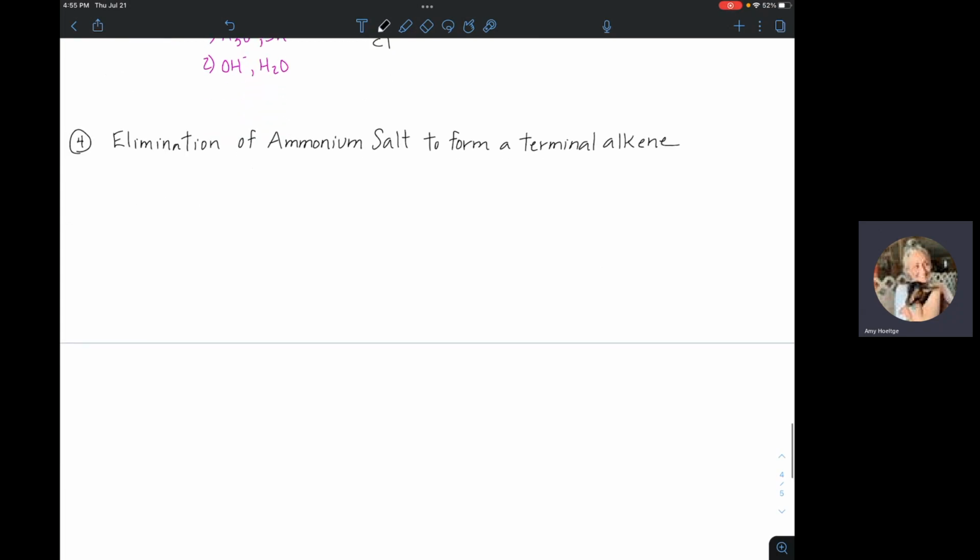This reaction I want to show you allows you to actually synthesize a terminal alkene, if that's what you would like for the next step in your synthesis, by encouraging a quaternary ammonium salt to take off. This very specifically is called a Hofmann elimination. I always spell this guy's name wrong, and it's probably wrong again, but that's okay.